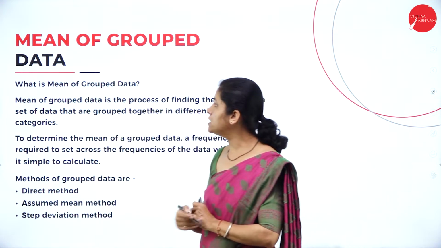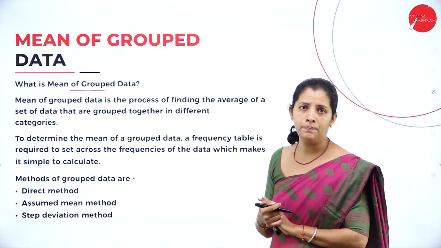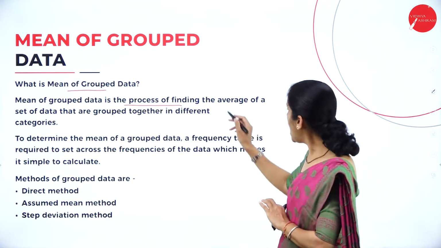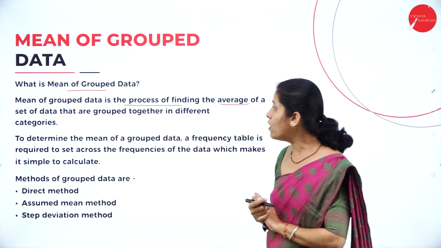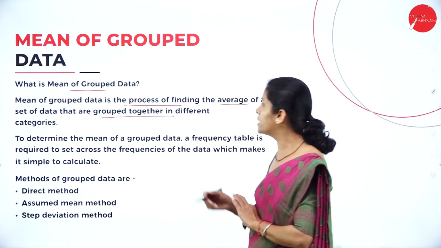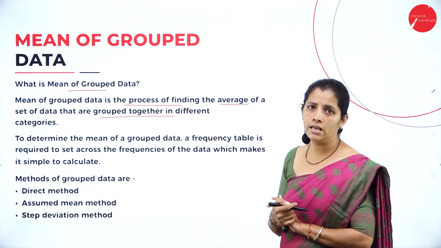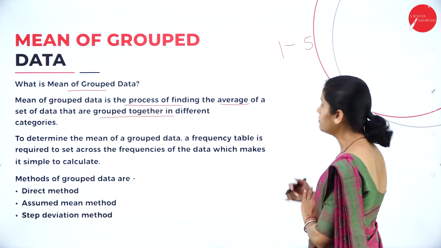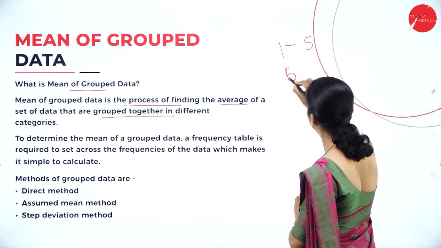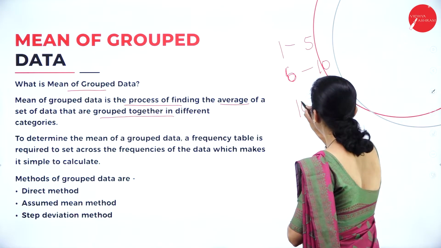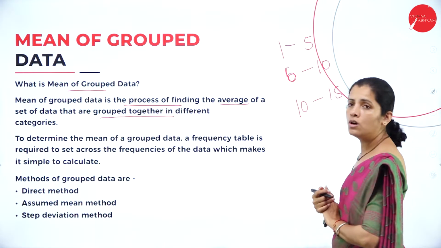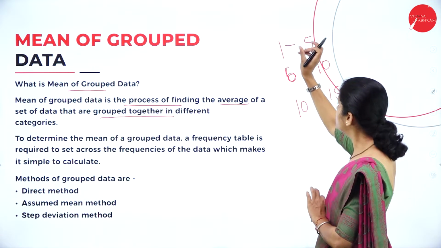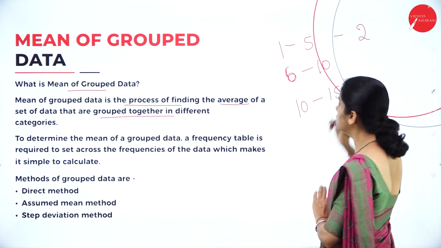Now let's see what is mean of group data. Mean of group data is the process of finding the average of a set of data that are grouped together in different categories. For example, think that I have 1 to 5, next 6 to 10, 10 to 15. Here the data which comes under the first category, 1 to 5, appears twice.